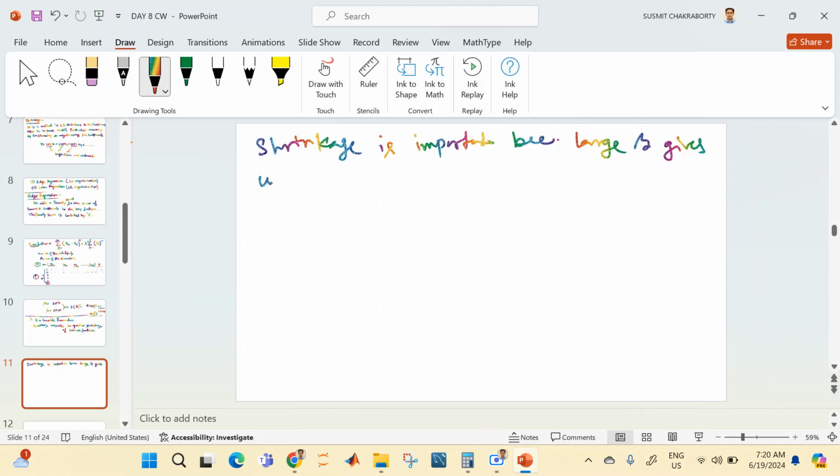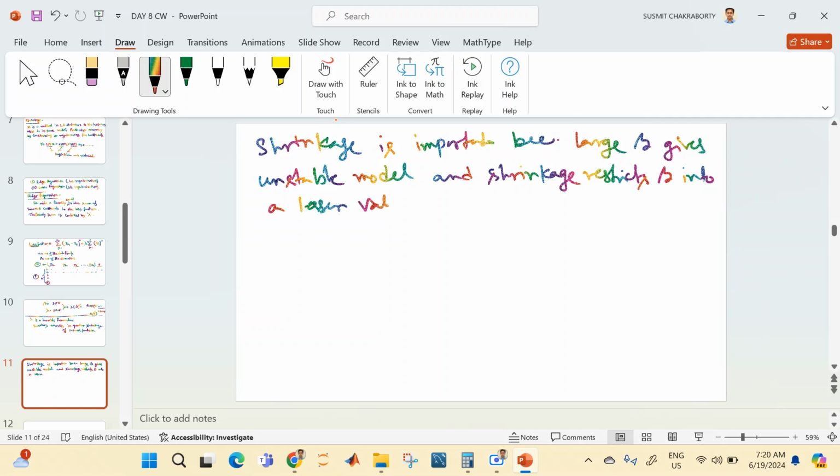Remember, large beta gives unstable model, and the shrinkage rate restricts beta to a lesser value.